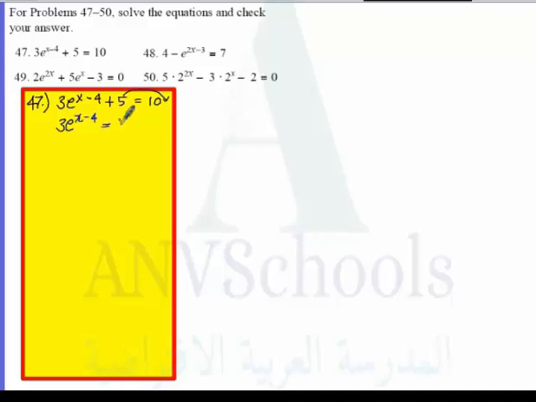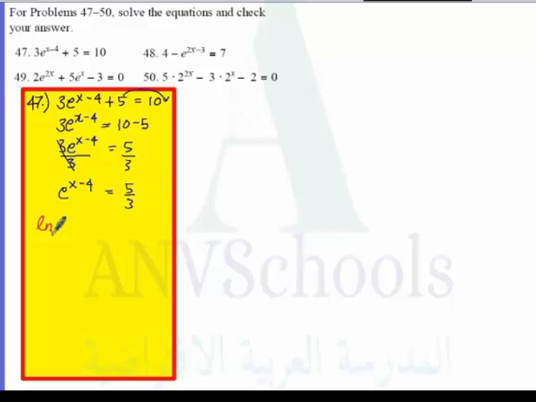So we will have 10 minus 5, and 3e^(x-4) will then be equal to 5. And now we could divide both of the sides by 3, leaving me with e^(x-4) is equal to 5 over 3. Right? Now this is the base of a natural logarithm, meaning that I could simply put ln here.